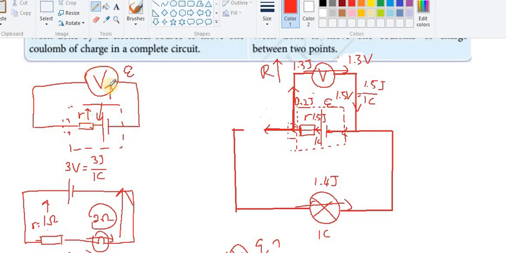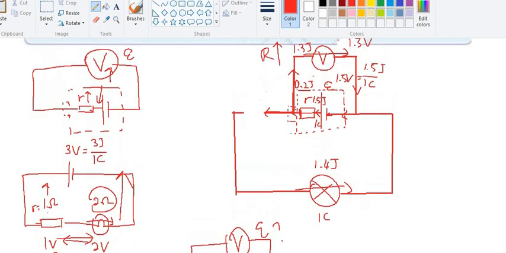So the voltmeter will get less than the EMF, and the reading will show less than the EMF. Okay, get the idea. So how to get the EMF? In this case, we need to carry out a certain experiment. We will discuss this experiment in our next class. Okay.